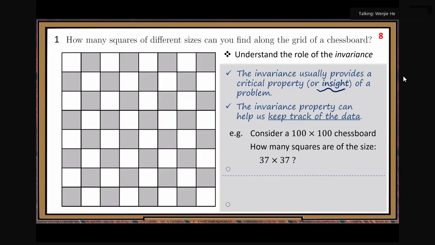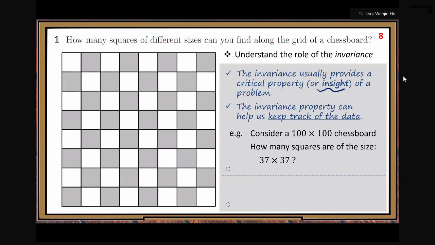This time 100 plus 1, 101. You use that number because m plus n equals 101, so 101 minus 37 is 64.